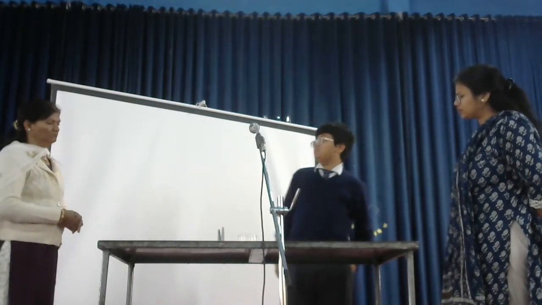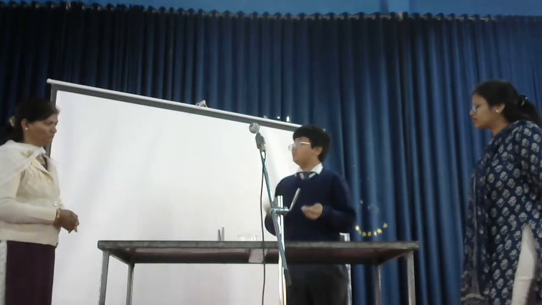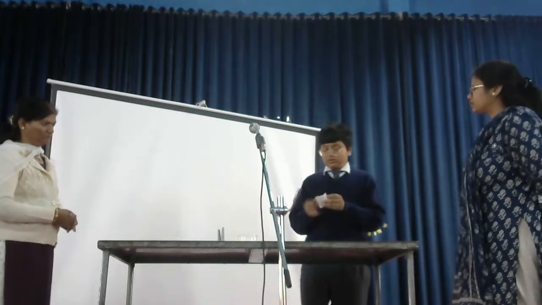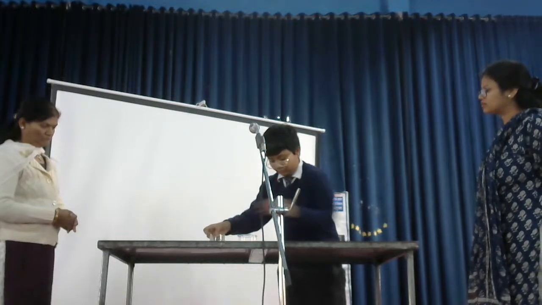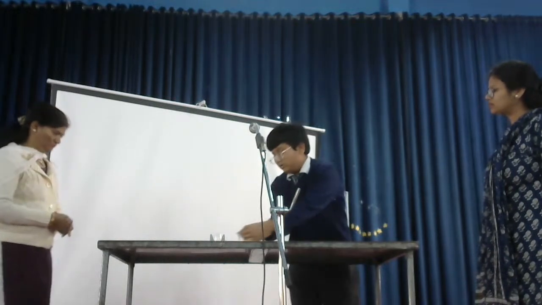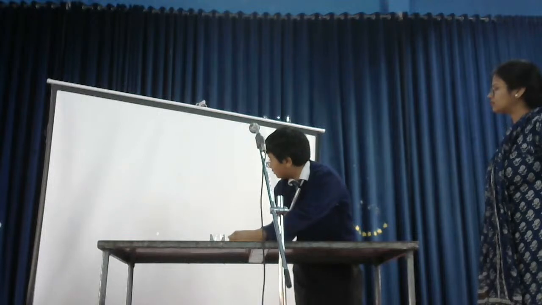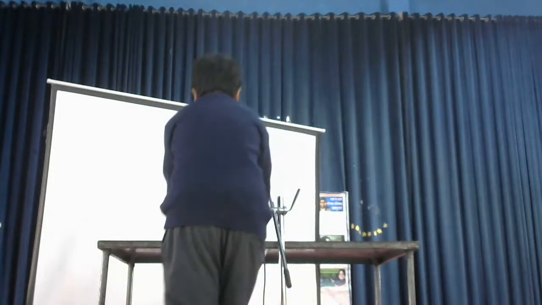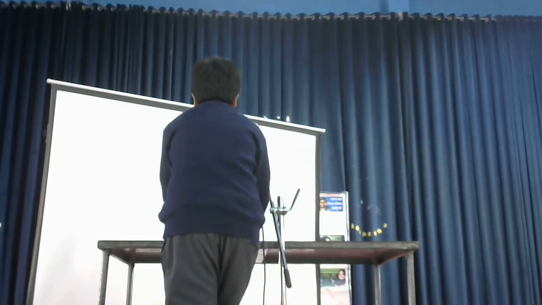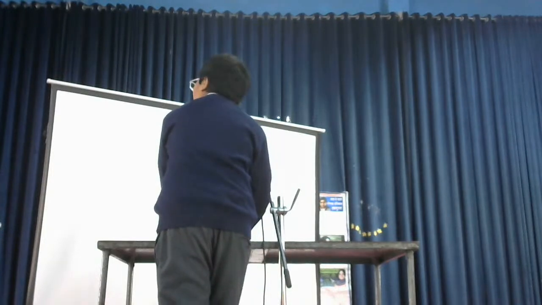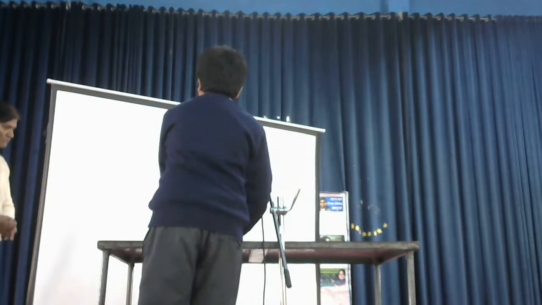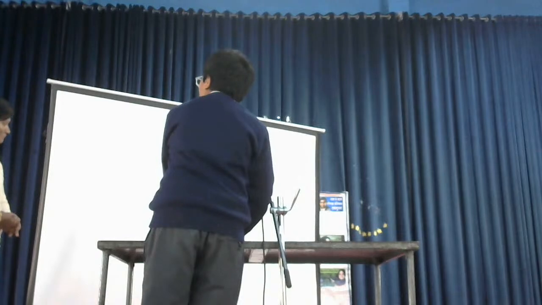And now we have lenses. There are two types of lenses, concave and convex. First we will look at the convex lens. When we put it at the focal length of 15 centimeter, the dot becomes one dot. This is the converging lens.